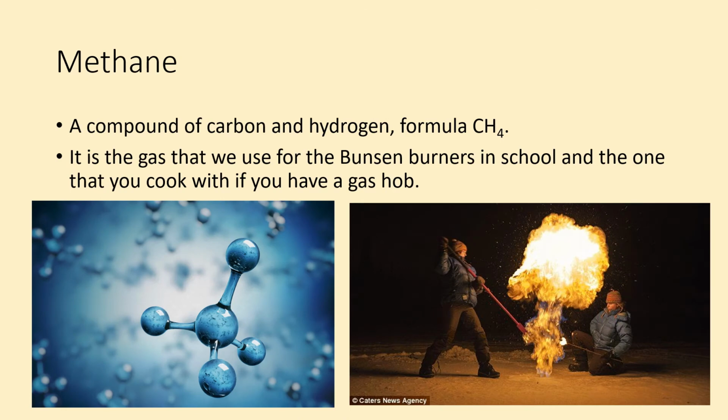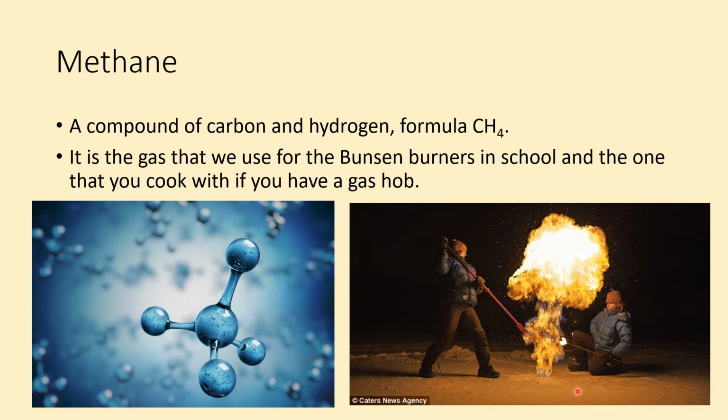Methane is a compound of carbon and hydrogen. It has the formula CH4, so 1 atom of carbon, 4 atoms of hydrogen, and it's the gas that we use for the Bunsen burners in school and the one you cook with if you have a gas hob. So this is an artist's impression of what methane looks like, and this is 2 scientists burning the methane that's being released by ice melting up in Siberia.